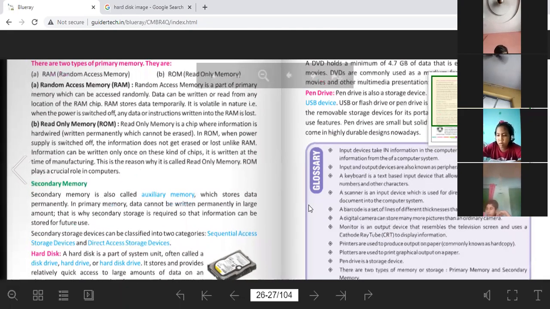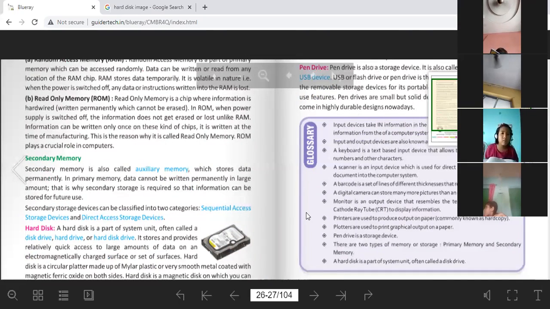A scanner is an input device which is used for direct data entry from the source document into the computer system. A barcode is a set of lines of different thickness that represents a number. A digital camera can store many more pictures than an ordinary camera.